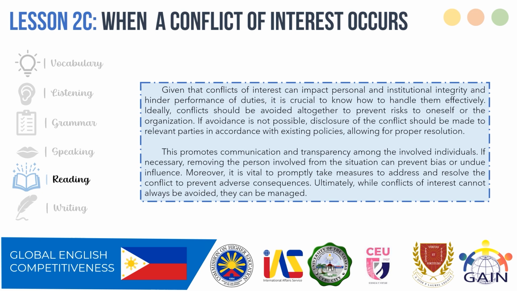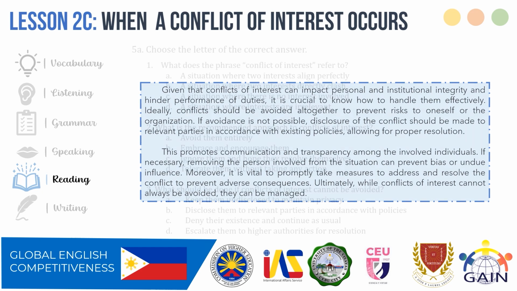If necessary, removing the person involved from the situation can prevent bias or undue influence. Moreover, it is vital to promptly take measures to address and resolve the conflict to prevent adverse consequences. Ultimately, while conflicts of interest cannot always be avoided, they can be managed.